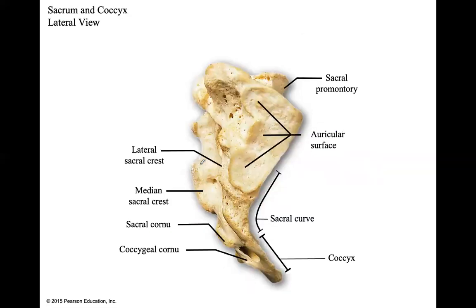From the lateral view, we can see that we have a sacral curvature and a coccygeal curvature. And you have to be careful when people fall. Typically, when you land on your rump, it's common for people to dislocate or fracture the coccyx. Very, very painful.